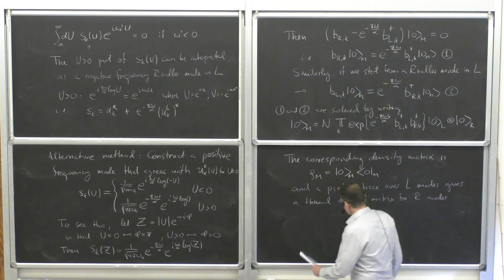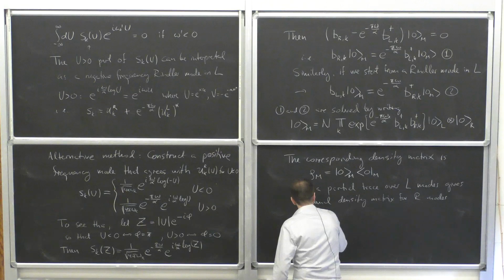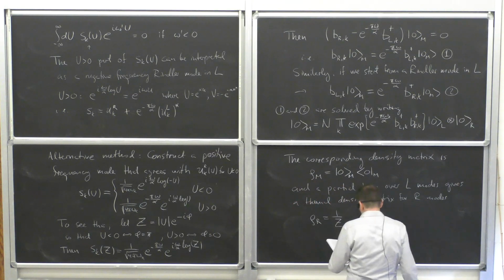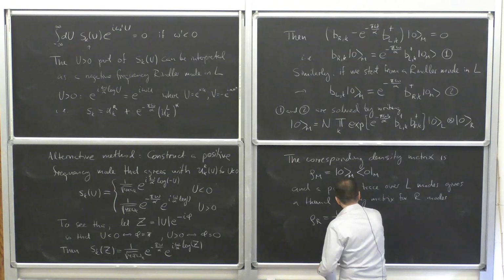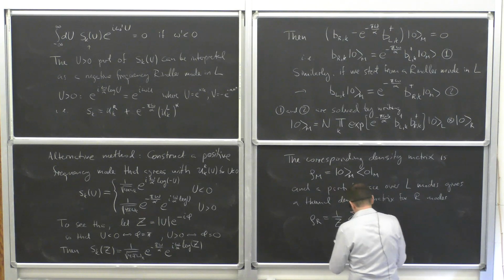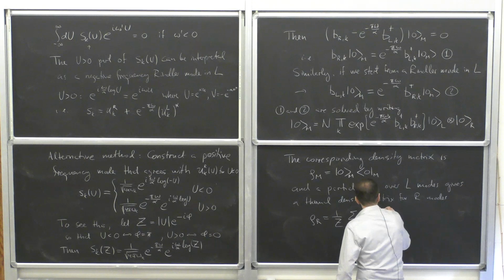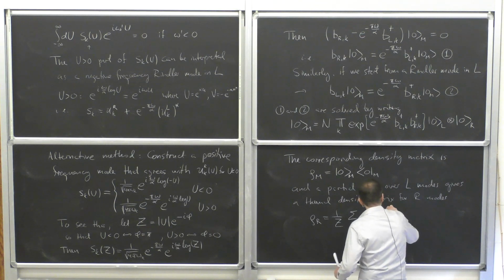What you will actually find is that it's conventional to write the normalization factor, and you will get a sum over m of e to the minus 2 pi omega m over alpha.